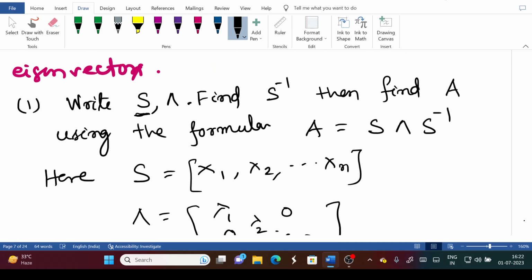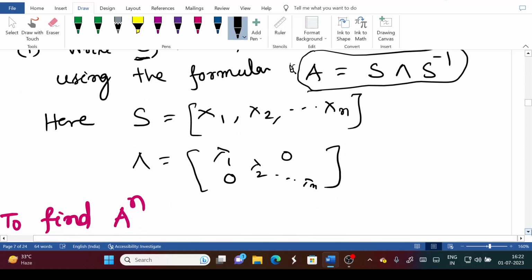Then S Λ S inverse will give us the matrix A. Here S is a matrix with the n linearly independent eigenvectors as its columns, and Λ is the diagonal matrix where the diagonal elements are the sequentially arranged eigenvalues. S inverse is the inverse of S. Substituting in this formula, we obtain our A.